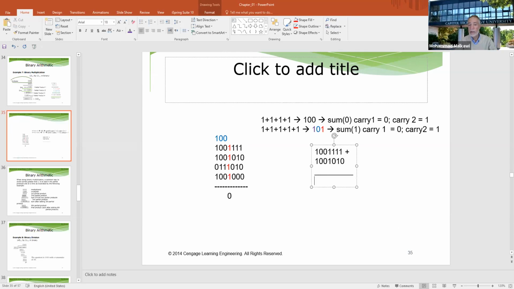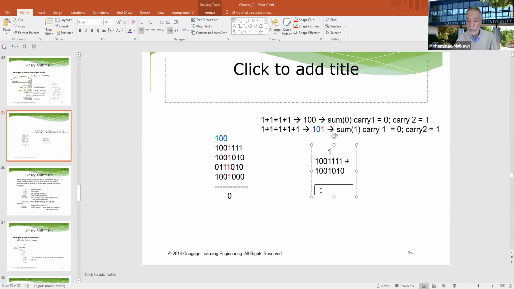I get first result. Now, because these are 2 bits at a time, the maximum I could have will be 3 bits, which is the maximum carry. 1 plus 0 is a 1, 1 plus 1 is a 0, and there is a carry 1. 1 plus 1 is a 0, and then there is a carry into this fourth stage. I have 1. That's the maximum I could have right here, a 1.